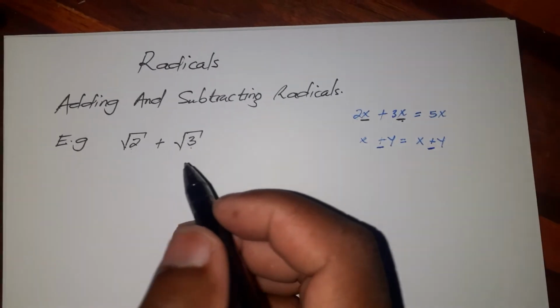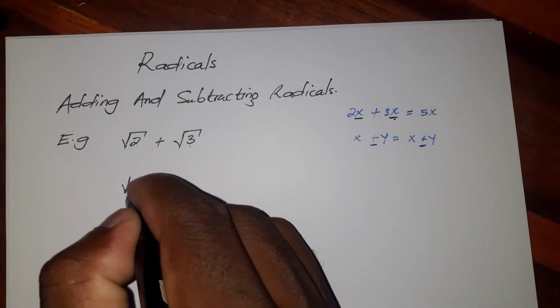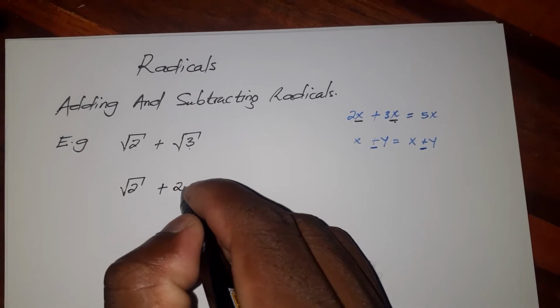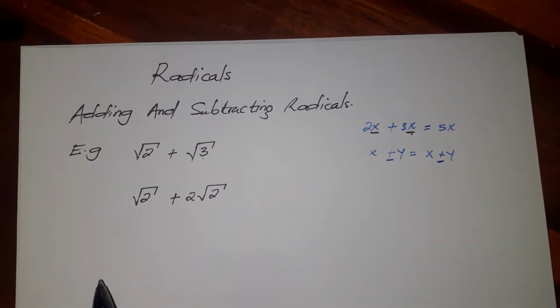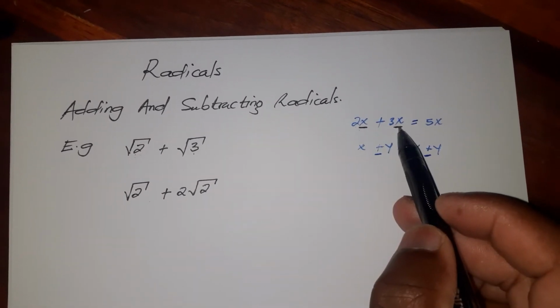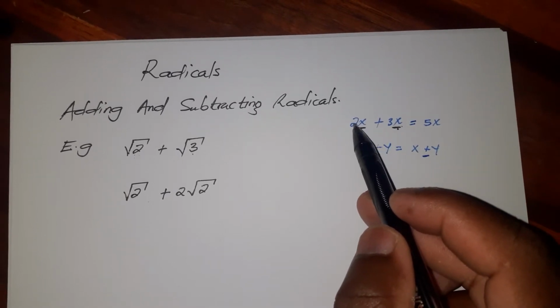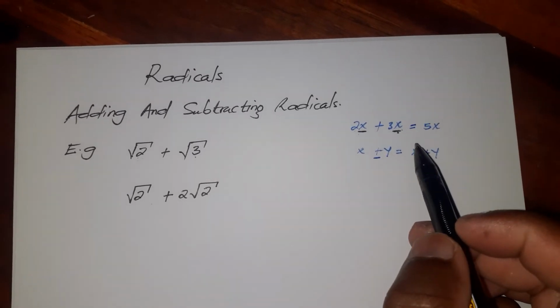Now the only radicals that we can add are, let's say, square root of 2 plus 2 square root of 2. I said we should have something in common. Here we had x and x, therefore we add the coefficients and the x remains the same.